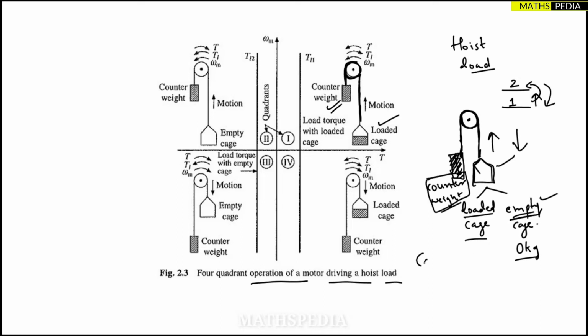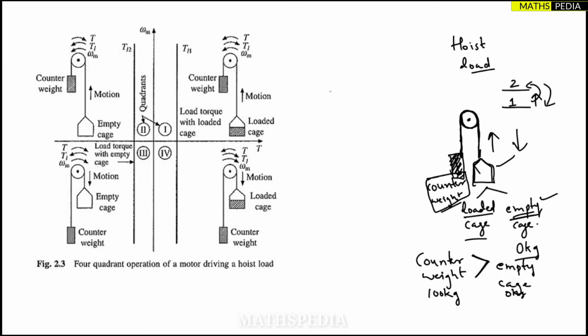So if you compare the counterweight and the empty cage, the counterweight should be higher. Let me consider this is 100 kg, this is 0 kg. Simple. Now the next point is that a loaded cage is also there.